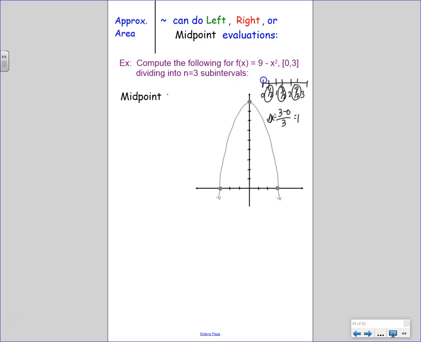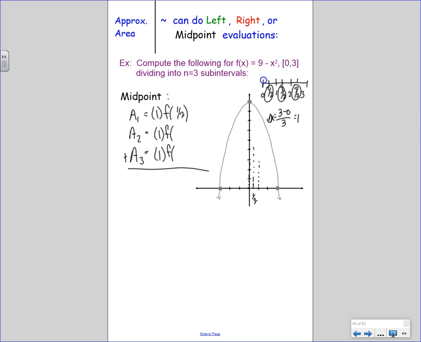So when we come to do our midpoint approximation, a lot of things are going to be super similar. We still have A1, we still have A2, we still have A3. We're still going to do our base of 1 because that is still exactly the same. We're still going to do our heights using function values, but for my first partition, which has endpoints of 0 and 1, am I hitting at 0 or 1? Nope, where am I hitting? At 1/2.